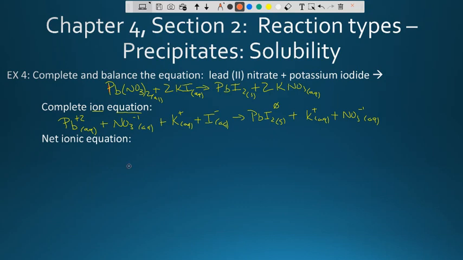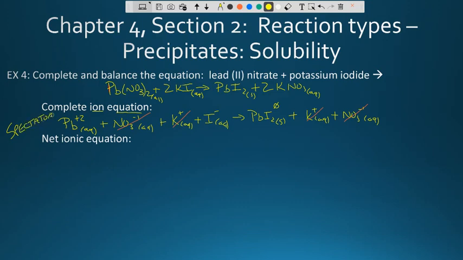Well, if I look on this, I see that my nitrate is exactly the same on both sides. I see that my lead is different. Oh, there's my potassium. That's exactly the same on both sides. So essentially, when I go down into the net ionic equation, I'm going to eliminate what's called the spectator ions.